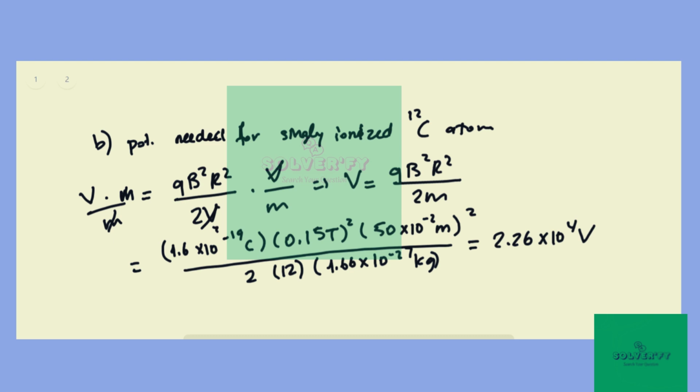And now in part C, let's go to a new page. In part C, we're supposing that the beam consists of a mixture of carbon-12 and carbon-14 ions. And we want to figure out if we can distinguish them purely from the distance traveled.